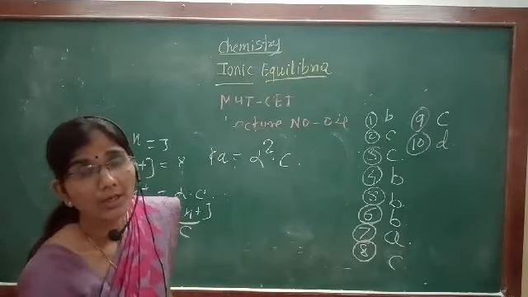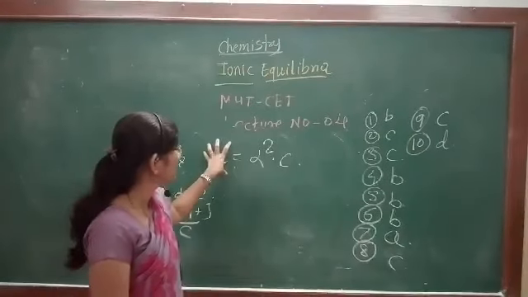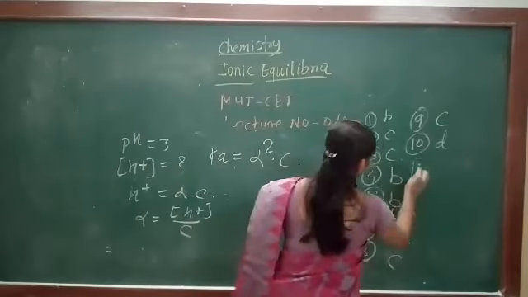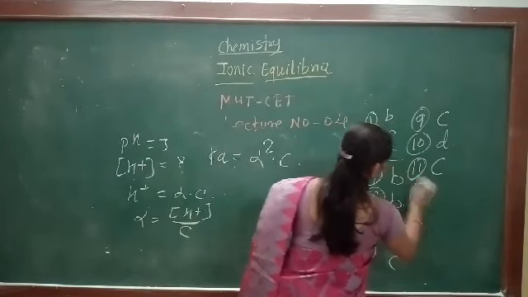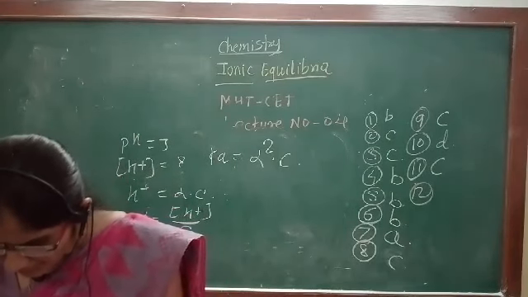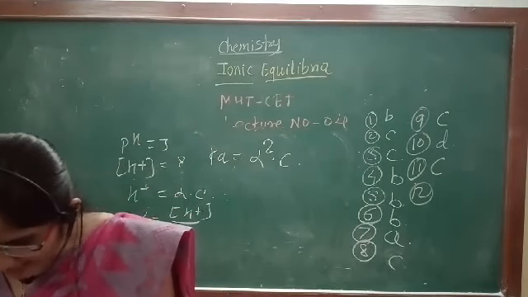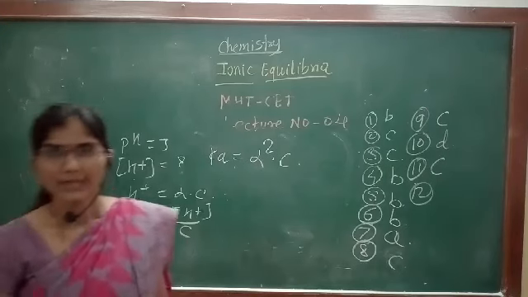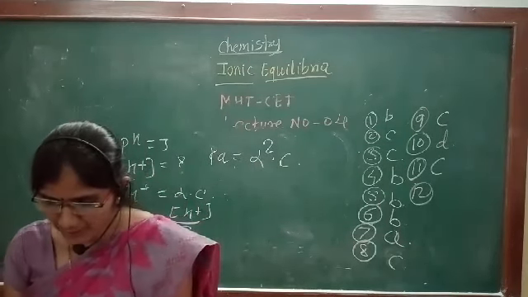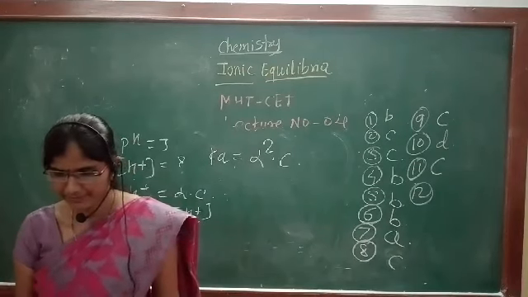This is your homework question and this is the 11th number question and they are having your option C. Then next 12th number, which one of the following has the highest pH? We have been given 4 salts, KCl, NaCl, Na2CO3 and copper sulfate.